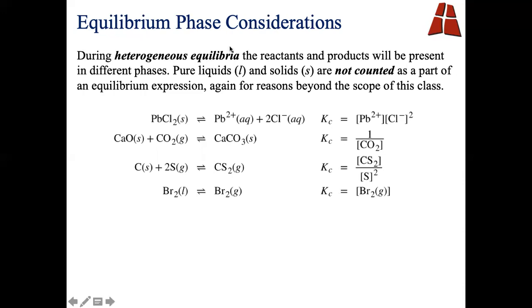And so the equilibrium expression for something like lead chloride, which is a solid, but then dissolving into Pb2+ and Cl-, would be its equilibrium expression where we don't include the solid PbCl2. Okay, same will be true for calcium oxide, calcium carbonate. Our K expression is 1 over the concentration of CO2. And we have, of course, some other examples shown right there.